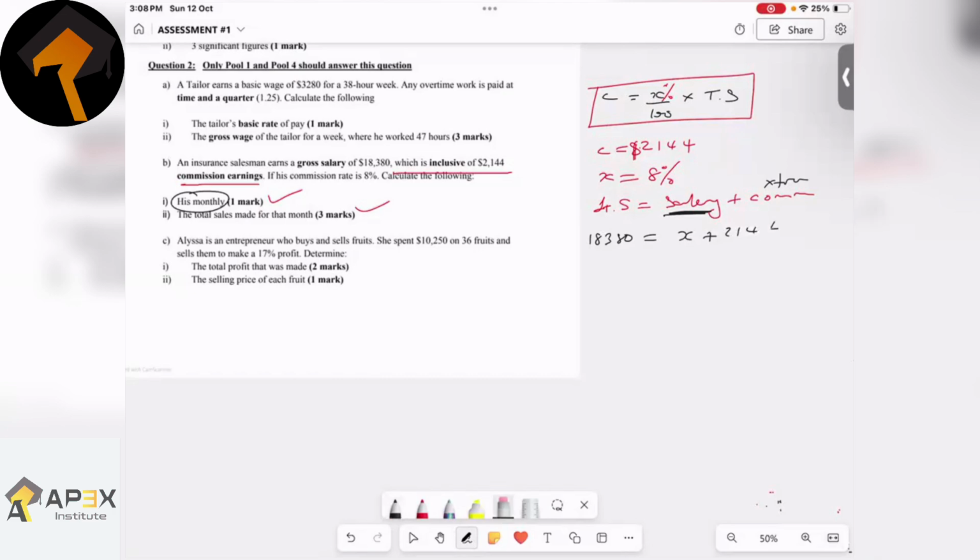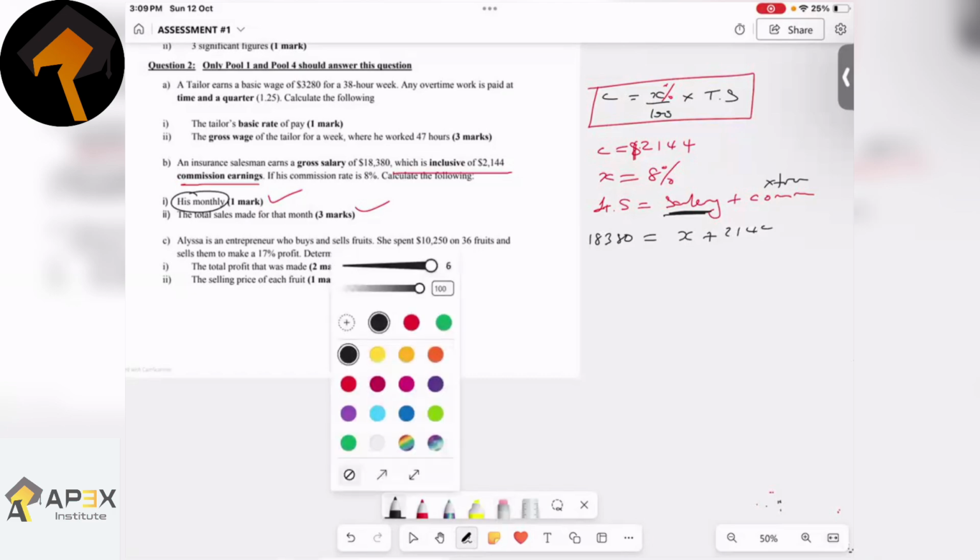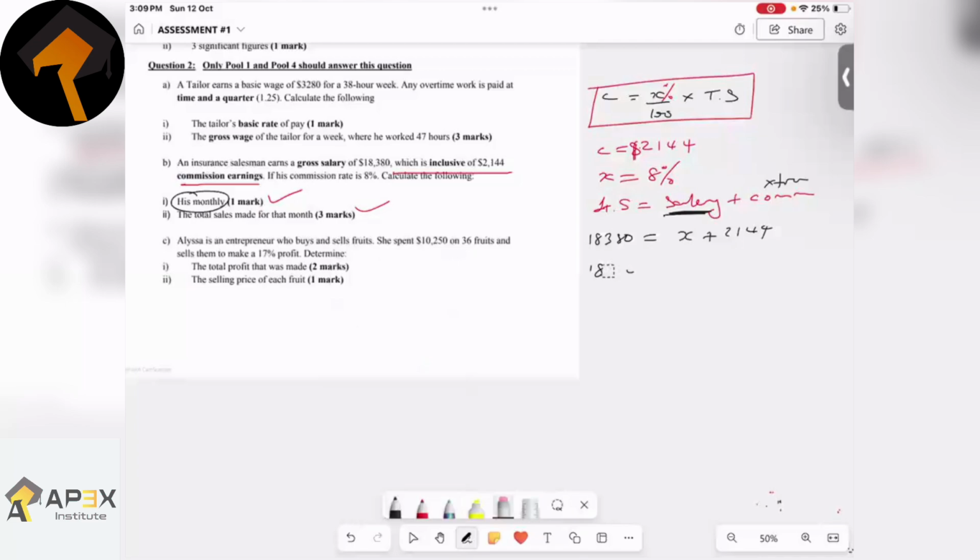If I use my algebra skills of solving the equation, then you will find that my answer will be equal to 18,380. Pardon me, hold on guys, give me a sec.